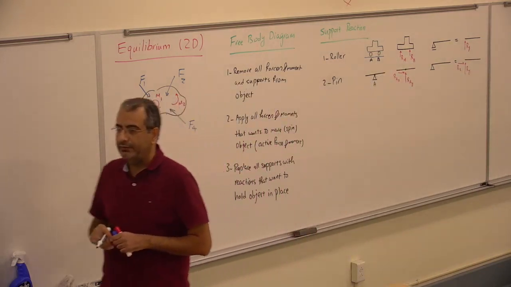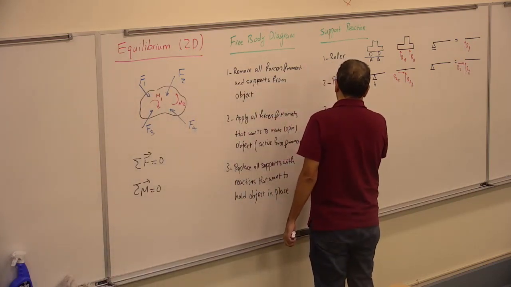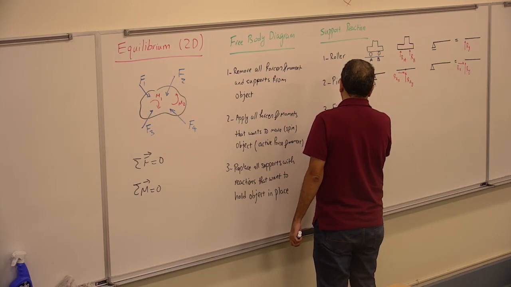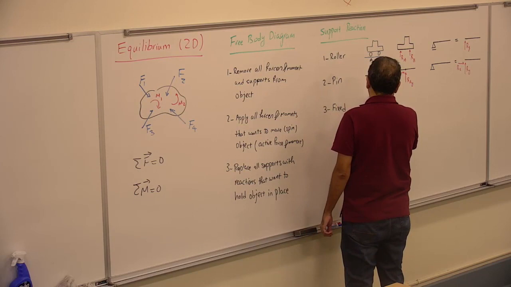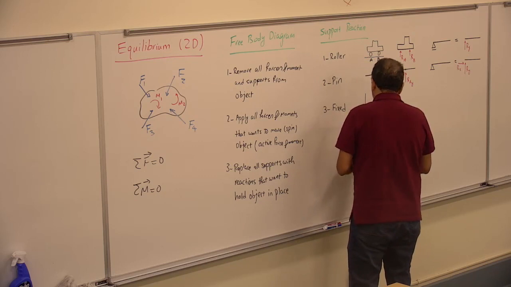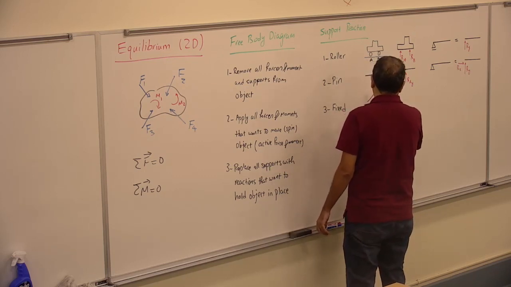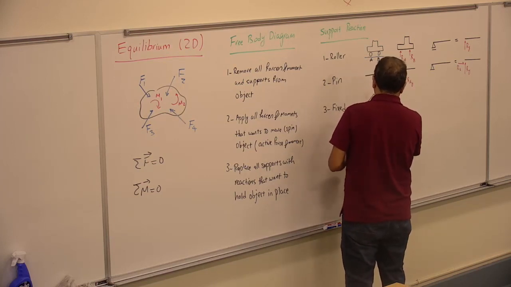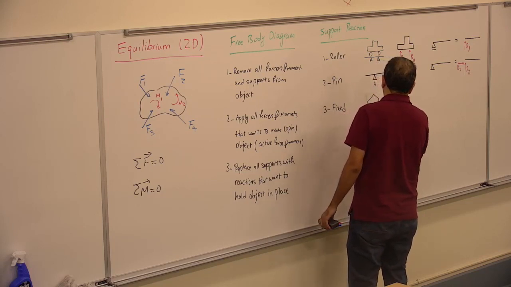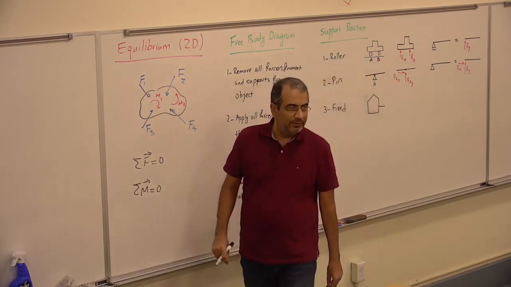The third one is the fixed support. A good example for that, usually, not always, is if you have a home, and then you have a balcony on that home.